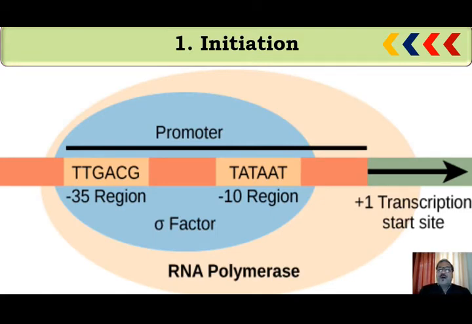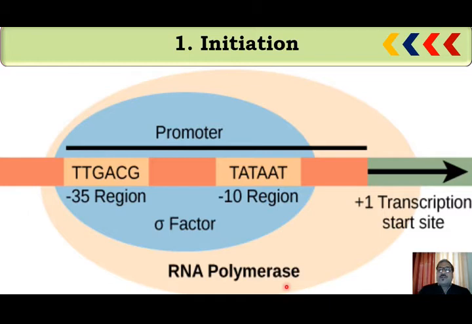The binding of RNA polymerase to promoter is facilitated by the specified sigma factor. For example, in E. coli, it is sigma 70. So the sigma 70 factor identifies the promoter site in E. coli.